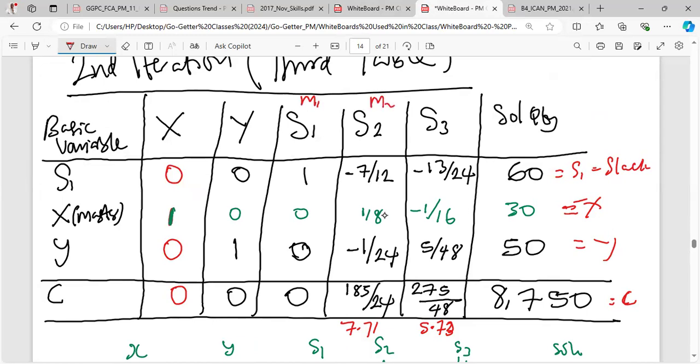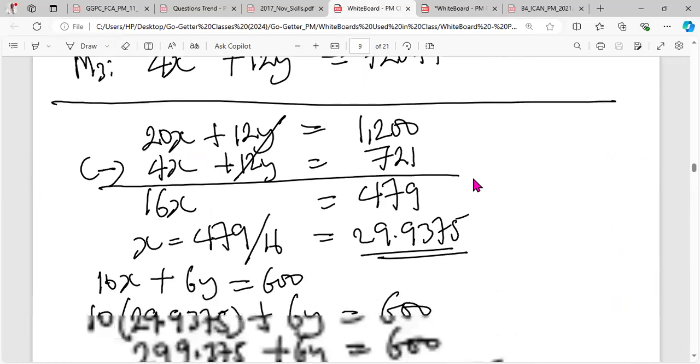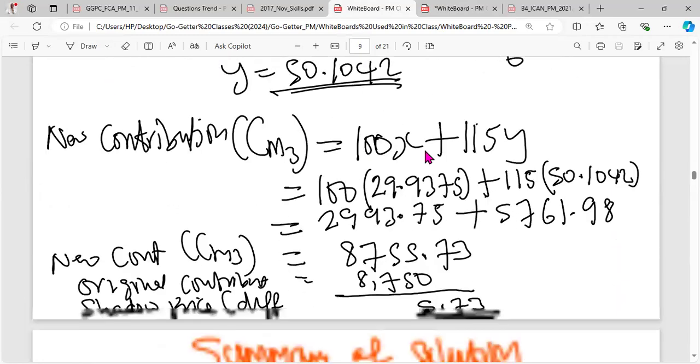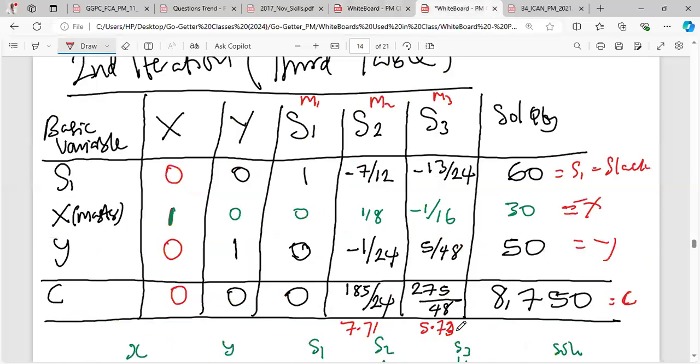This is going to be machine 2 and machine 3. So your M2 is 7.70 something because of approximation error. And look at the other shadow price. We got 5.73, which is the same thing we did here. So these are your shadow prices here.